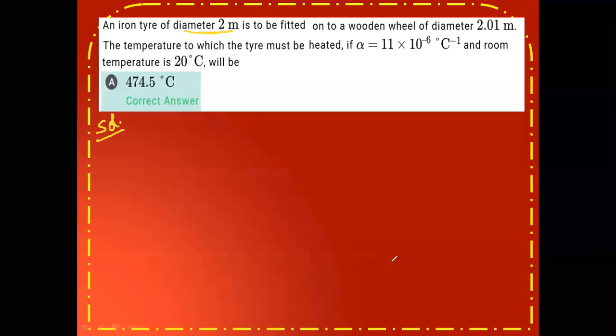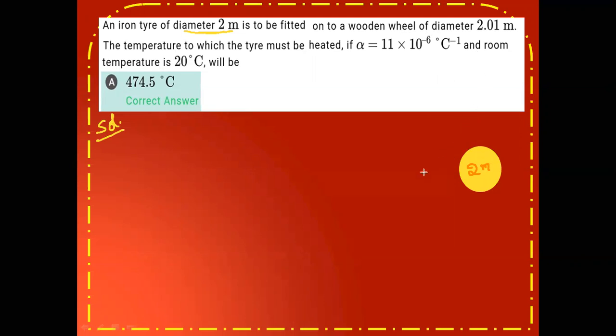Initially, this is the diameter of the tire, they gave us 2 meter. Now this has to be fitted onto a wooden wheel of diameter 2.01 meter.